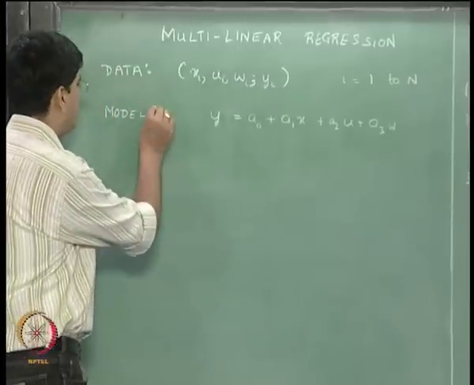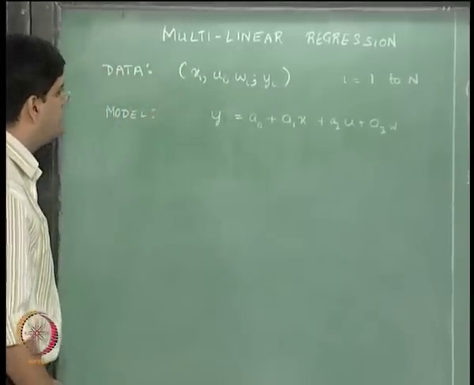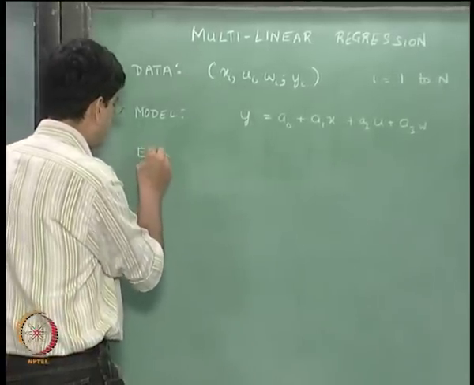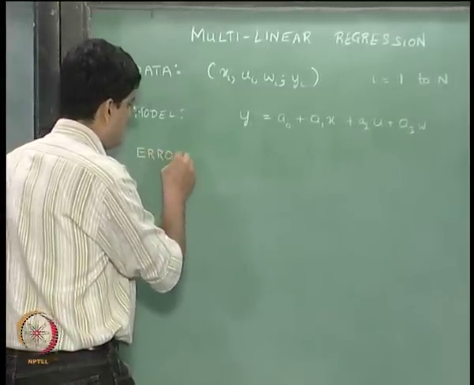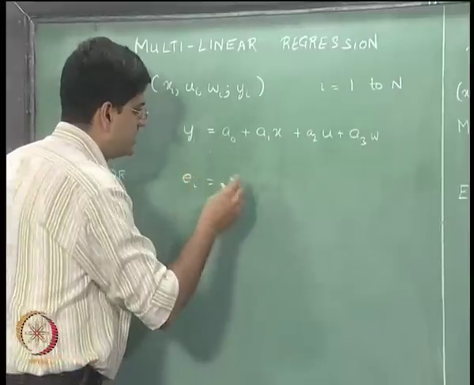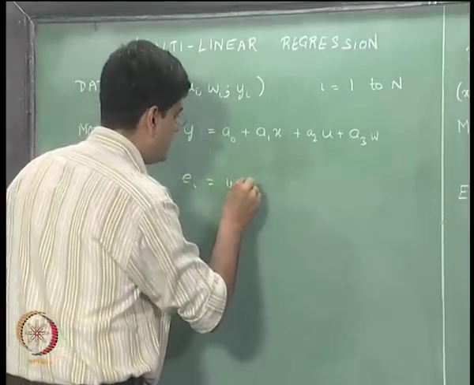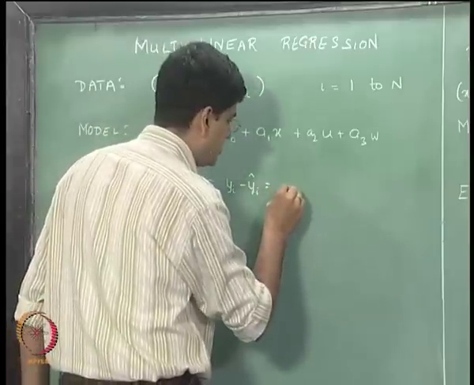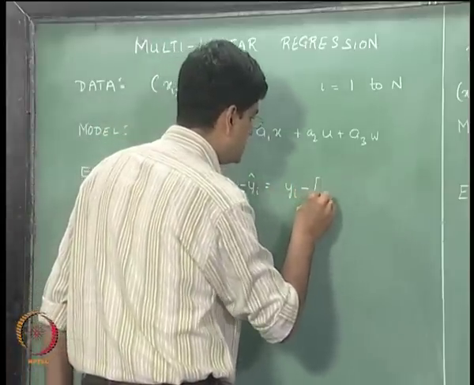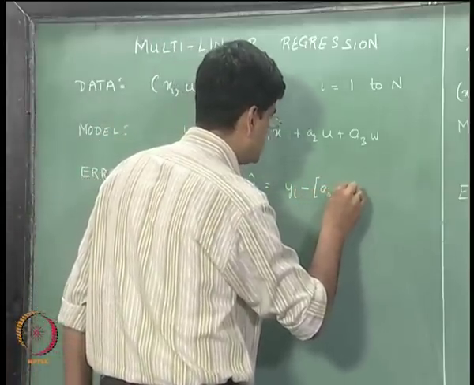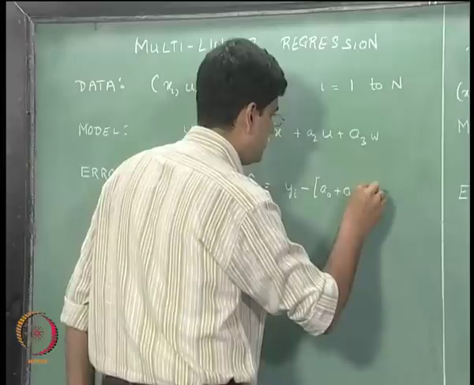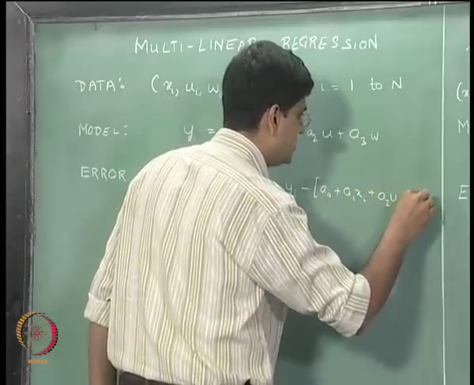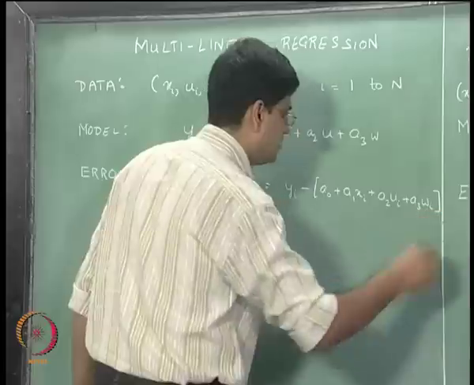So the model that we are interested in obtaining is this. The error ei is going to be nothing but yi minus yi hat, which is nothing but yi minus (a0 plus a1 xi plus a2 ui plus a3 wi).